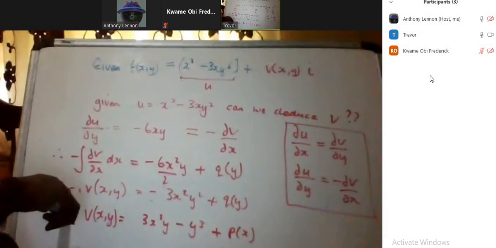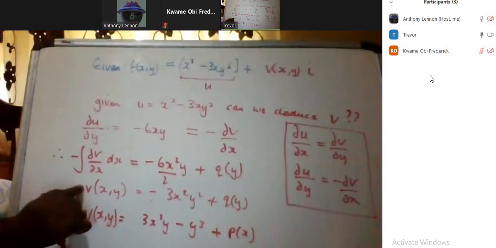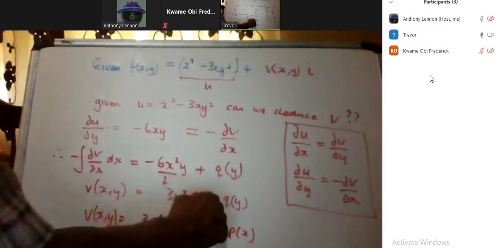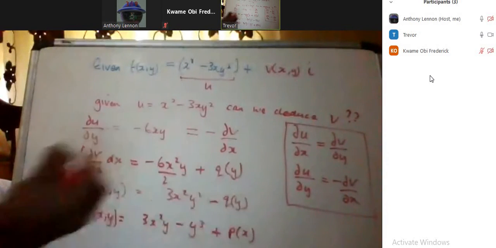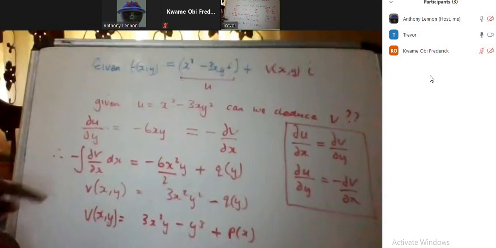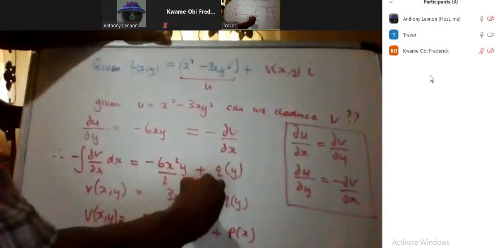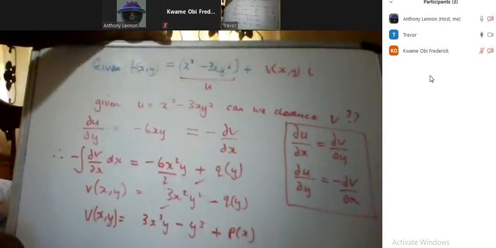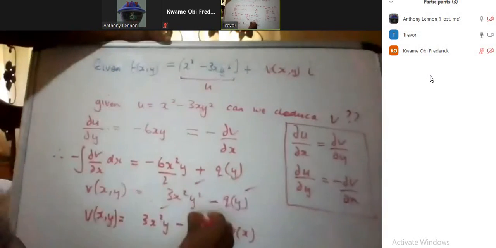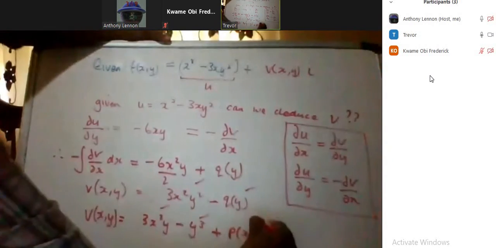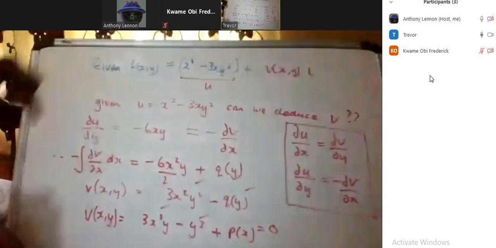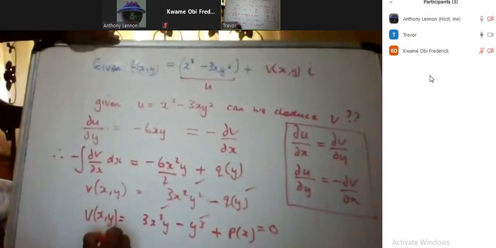And then now I take the minus sign away from there and put a minus sign there. And now I can compare my two V's. I see this is good, this is good, and I see that this guy is this guy and this guy is equal to 0. So V of x, y is equal to 3x squared y minus y cubed. QED.